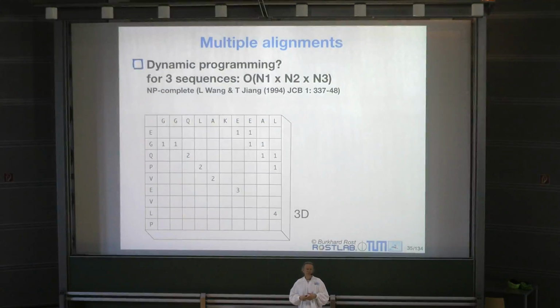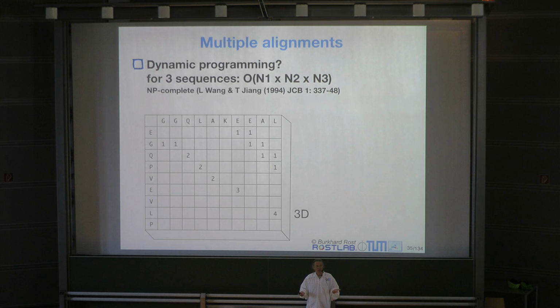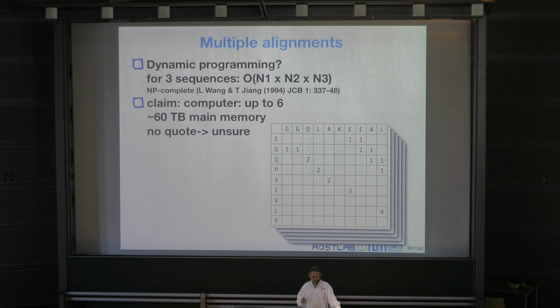For instance, 3. With 3, you can still do dynamic programming, so you can do a brute force. In fact, I haven't seen the paper myself, but the rumor has it that we can really do 6, so we can align 6 proteins. So I put a cube there, a 6-dimensional object it would have to be, which is difficult for me to show.